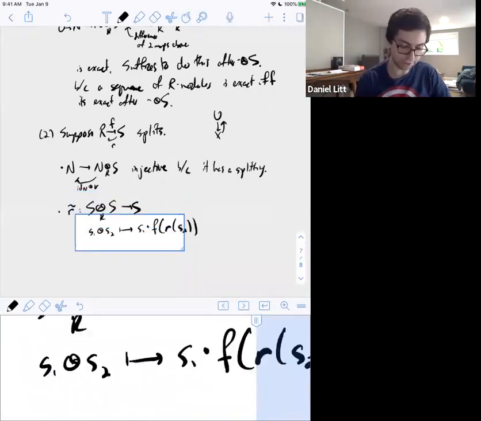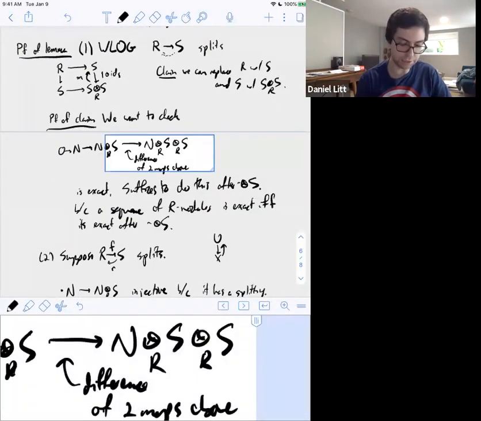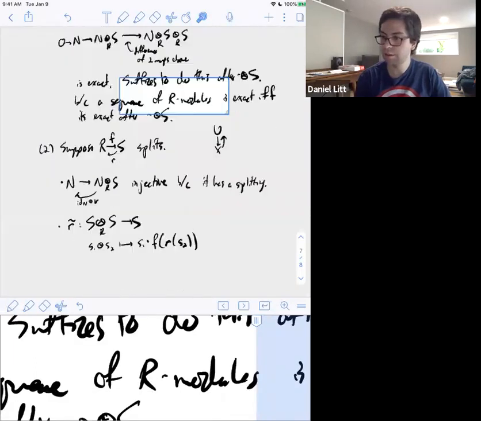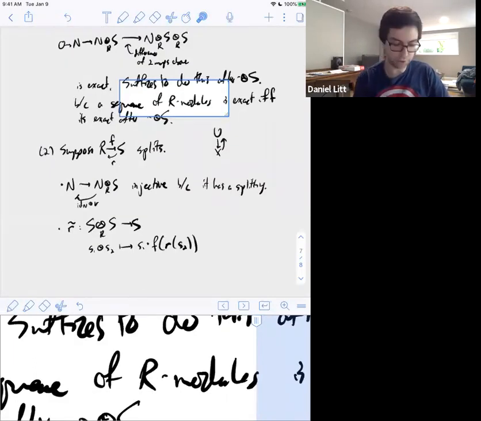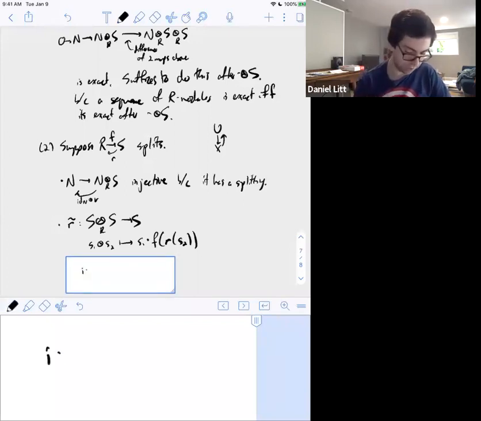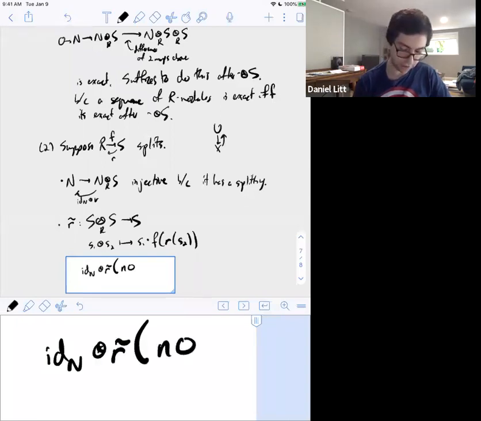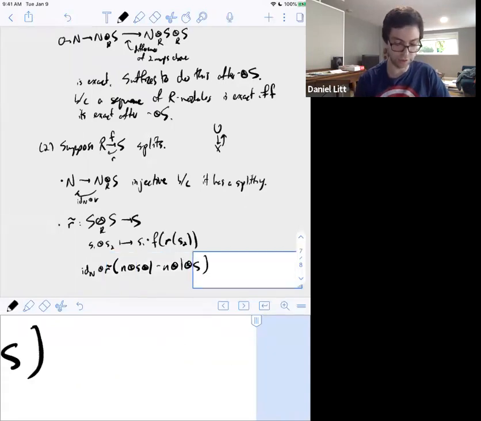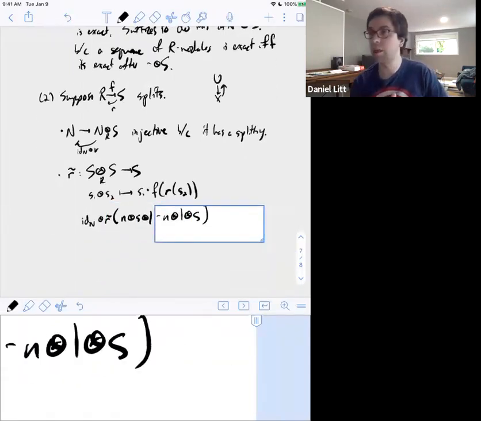All right, so now let's apply this map to N tensor S tensor S. Let's suppose I have something which is in the image of our differential. So let's apply id N tensor R tilde to N tensor S tensor 1 minus N tensor 1 tensor S. This is what the image of a pure tensor under our differential looks like.